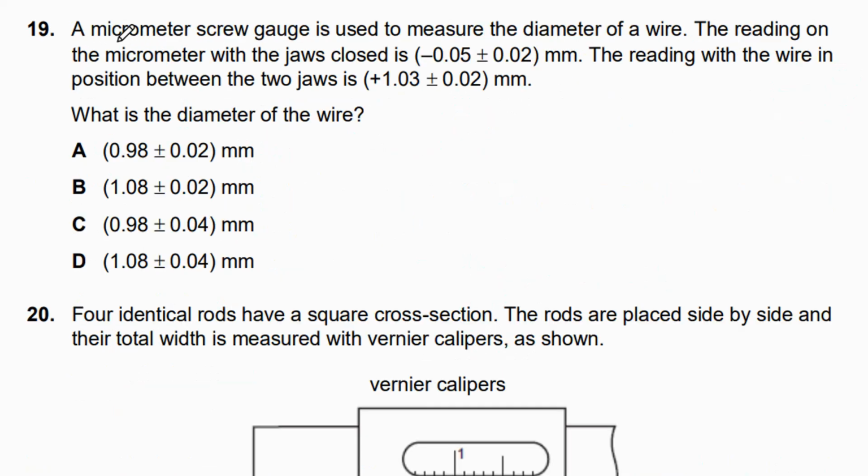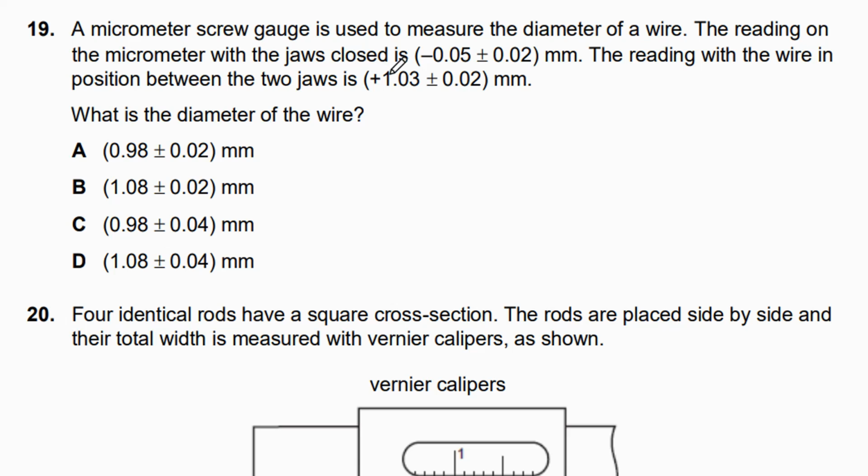So here it says a micrometer screw gauge is used to measure the diameter of a wire. The reading on the micrometer with the jaws closed is negative 0.05 plus minus 0.02 millimeters. The reading with the wire in position between the two jaws is positive 1.03 plus minus 0.02. What is the diameter of the wire? This is referring to a zero error.